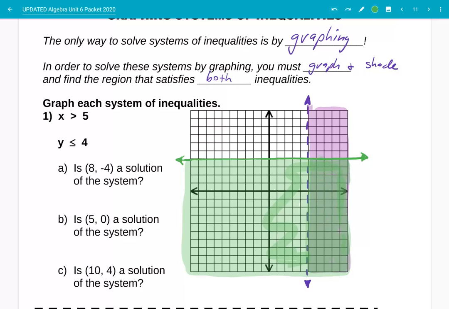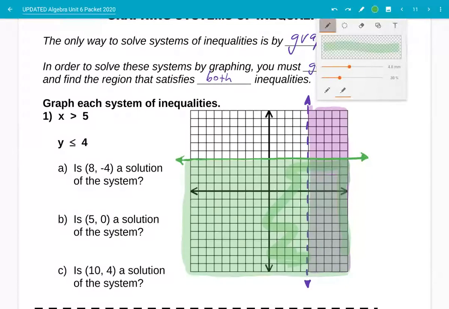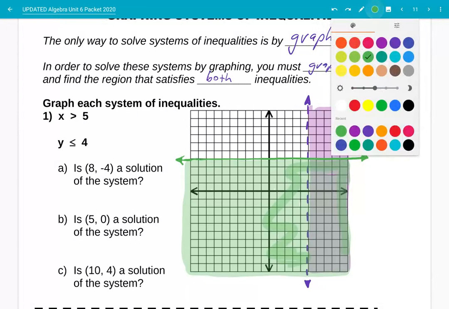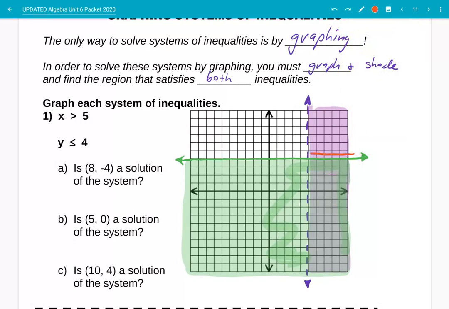I'm just going to circle it too because I picked some weird colors. This section here, where both shaded regions intersect, is the solution set.